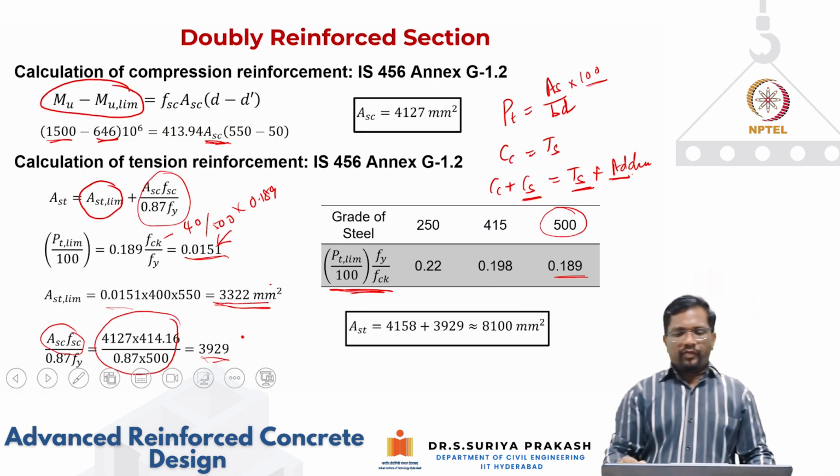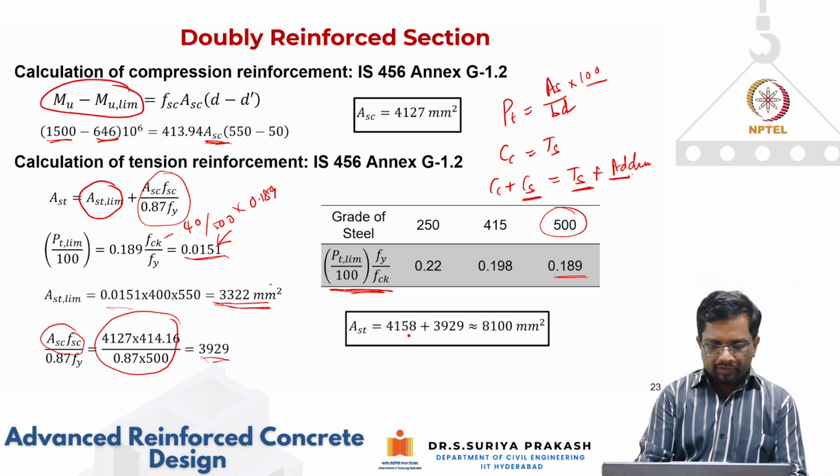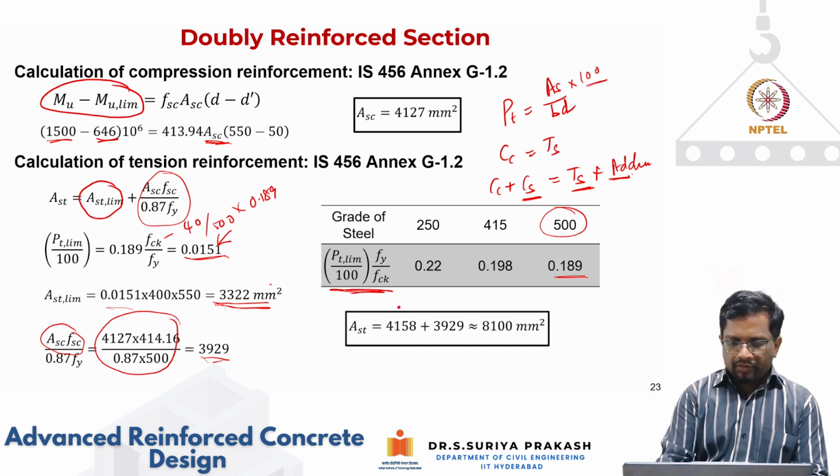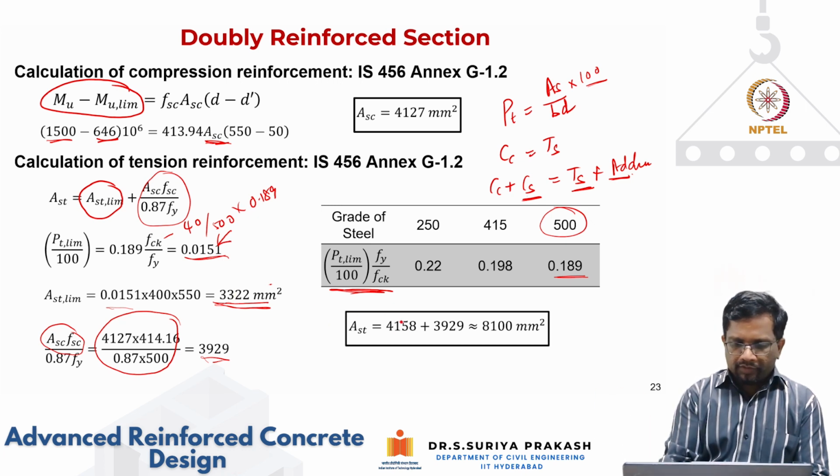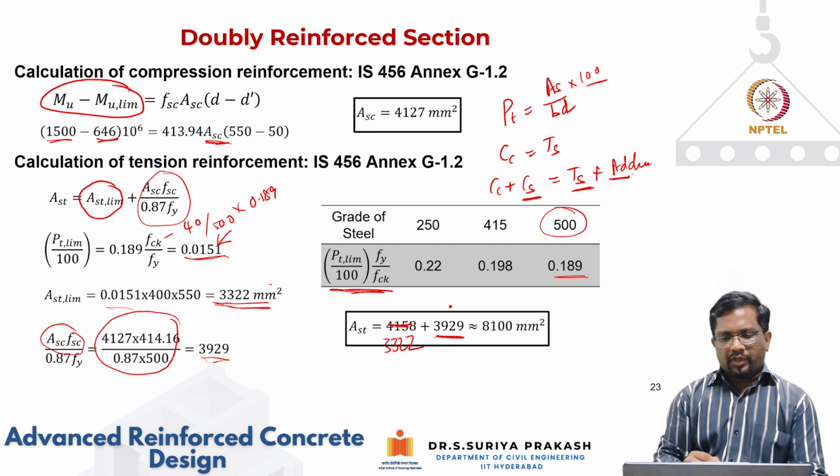So when you add them up, I'm sorry, this should be AST limit, which is 3,322 plus 3,929.